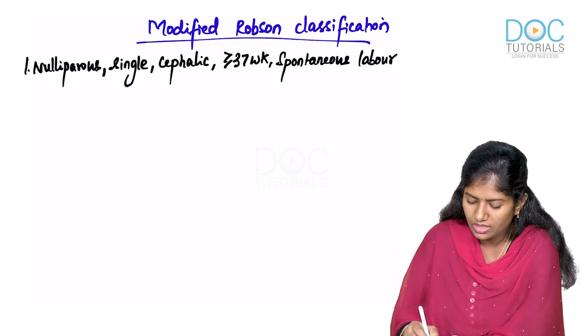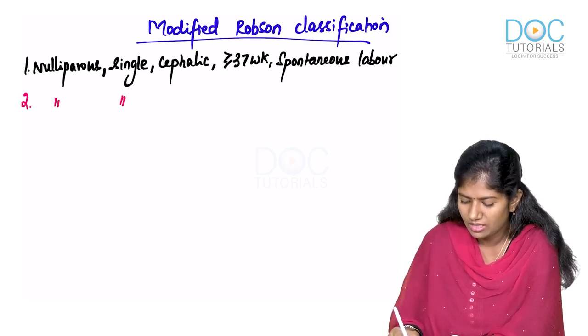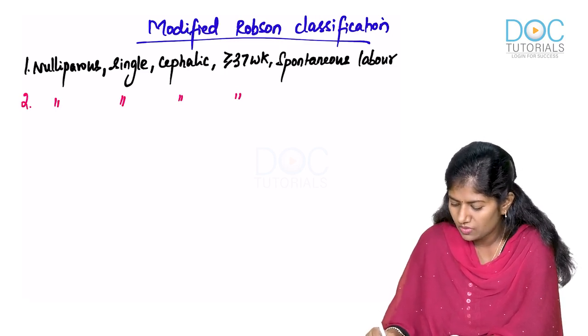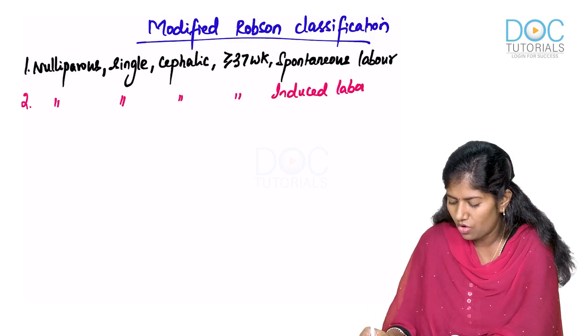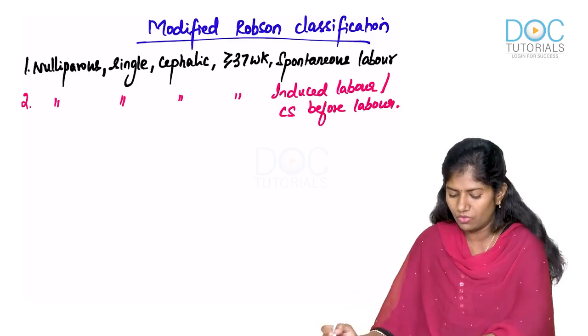Okay. What is modified Robson classification 2? Modified Robson classification 2 is again nulliparous, single cephalic, more than 37 weeks, induced labor or cesarean section before labor.